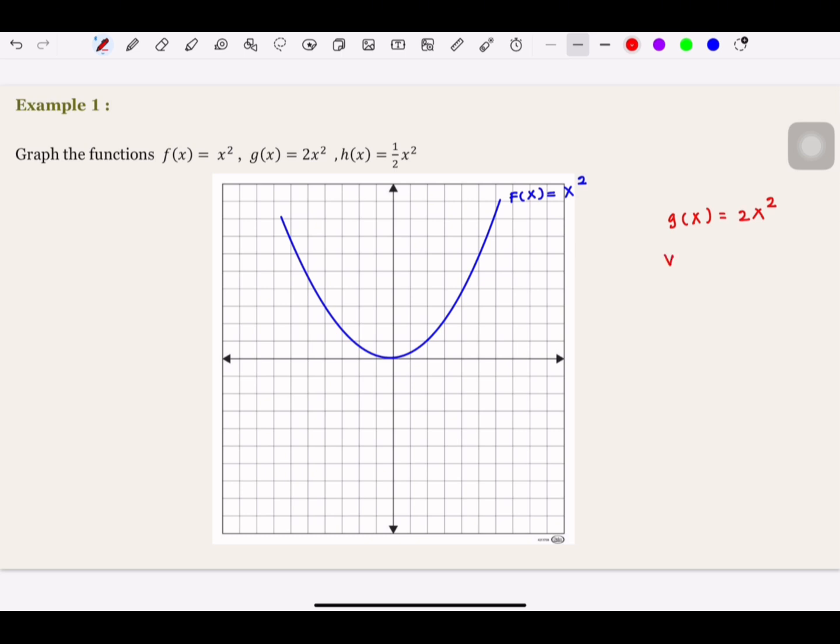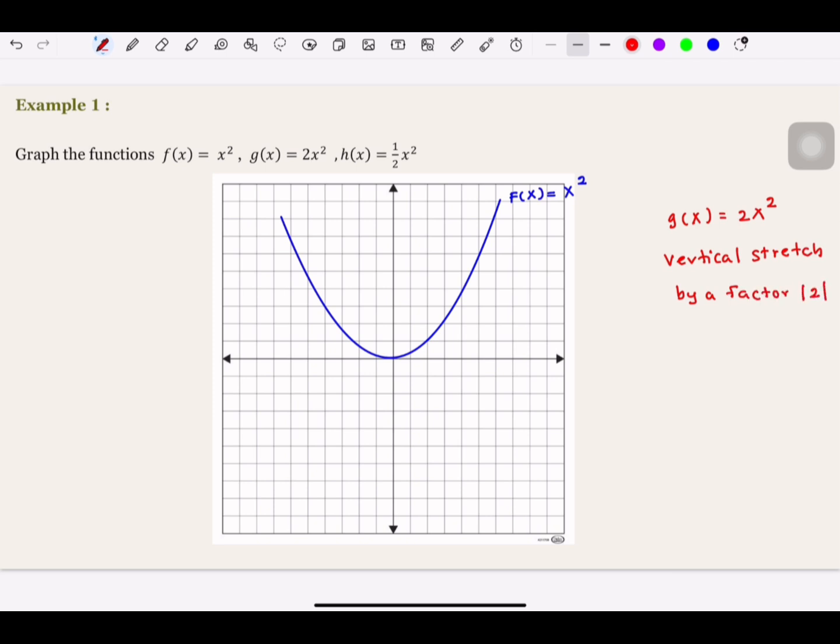So this is a vertical stretch, because here the constant is greater than 1. This is a vertical stretch of the graph by a factor of absolute value of 2.